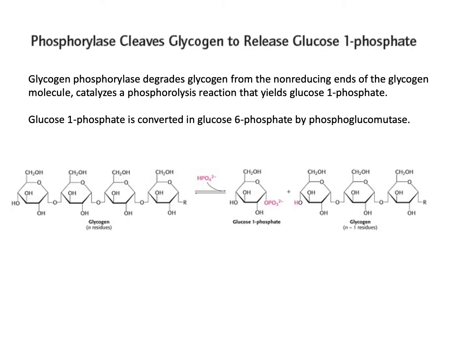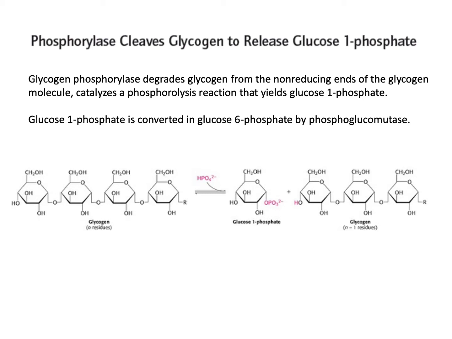Let's look at the first step. The phosphorylase cleaves glycogen to release glucose 1-phosphate. Glycogen phosphorylase degrades glycogen from the non-reducing ends of the glycogen molecule, catalyzing a phosphorylase reaction that yields glucose 1-phosphate. Glucose 1-phosphate is later converted to glucose 6-phosphate by phosphoglucomutase.